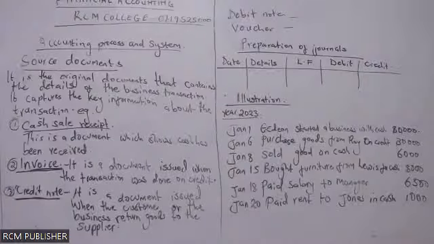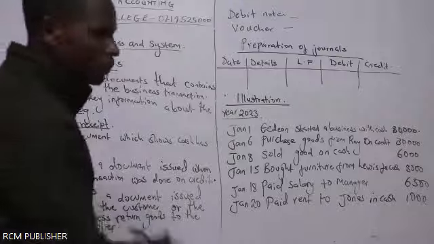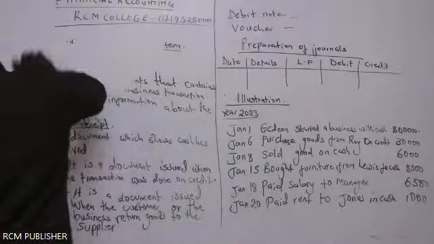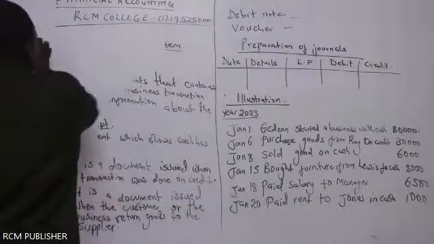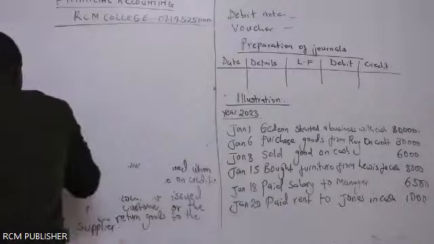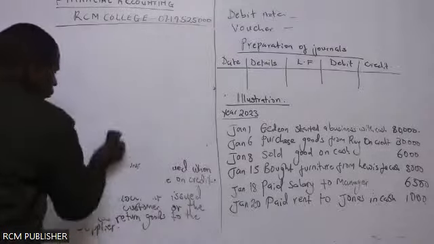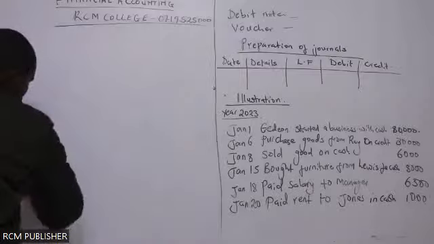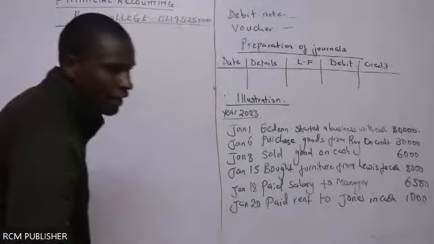All right, I hope it's visible. So if you're told to present that information in a journal, how are we going to do it? I've shown you our format for the journal. Let's try.